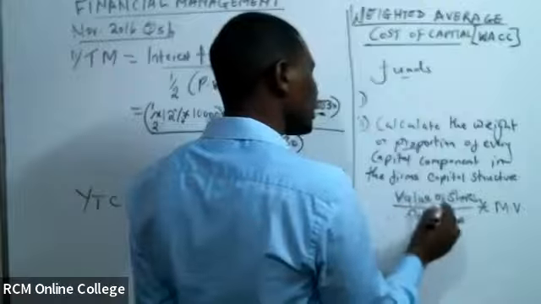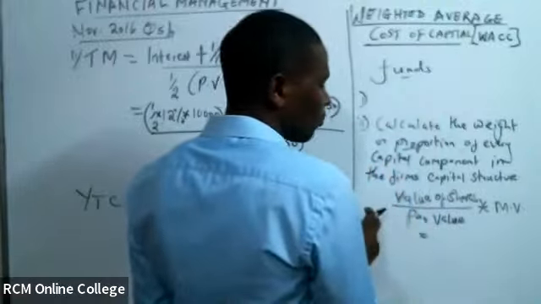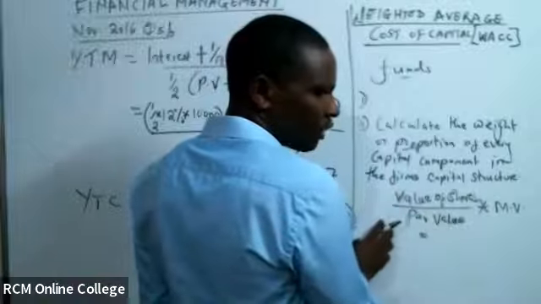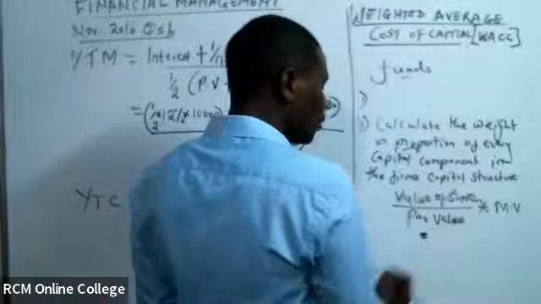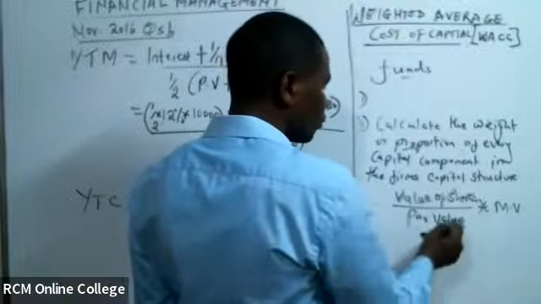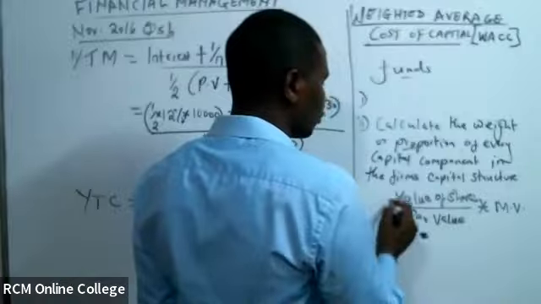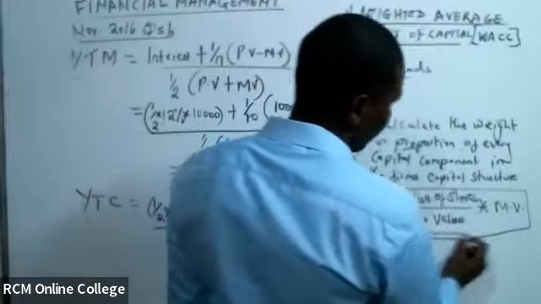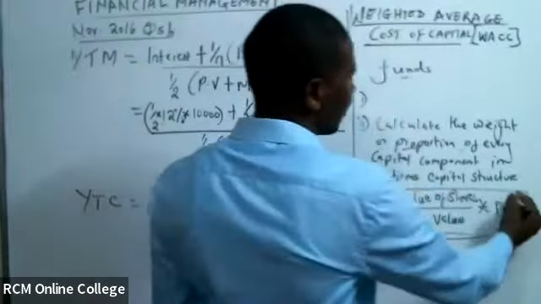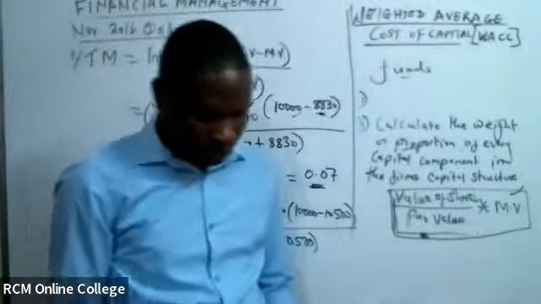If you're dealing with the ordinary share, you get the total value of that component. Once you get the total value of that component, you add to the other components, all of them. Now you start getting your proportion. So the value of shares divided by the par value, then you multiply by the market value. That's very important to note.